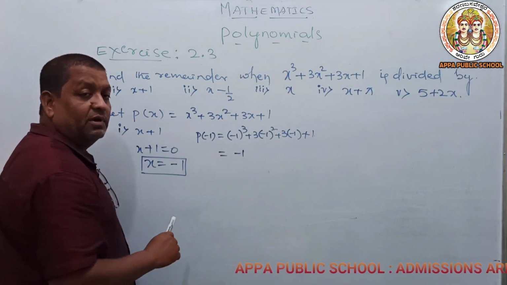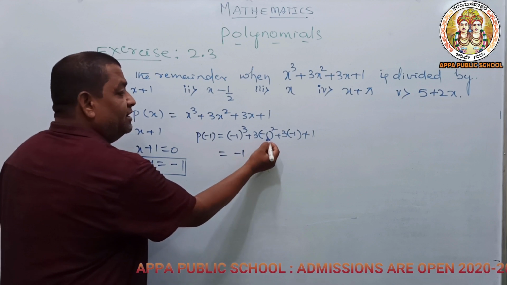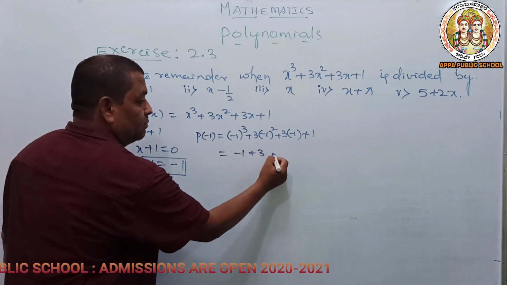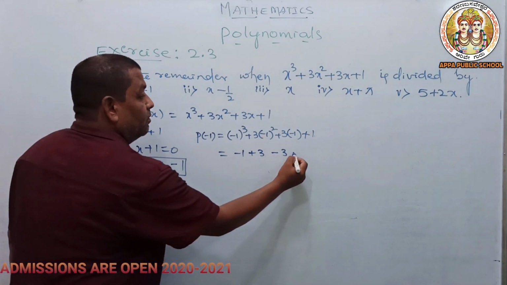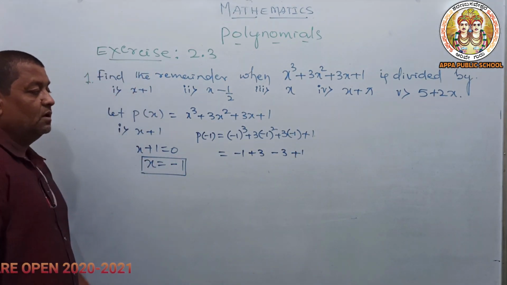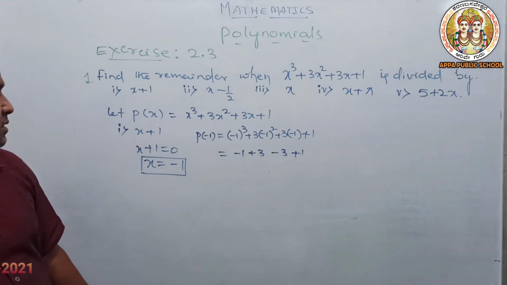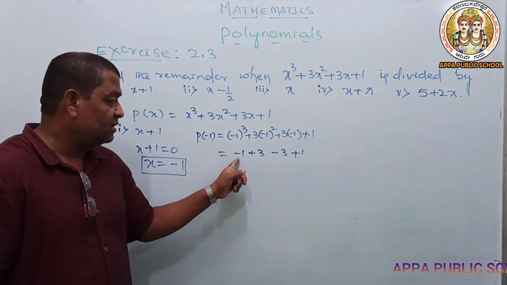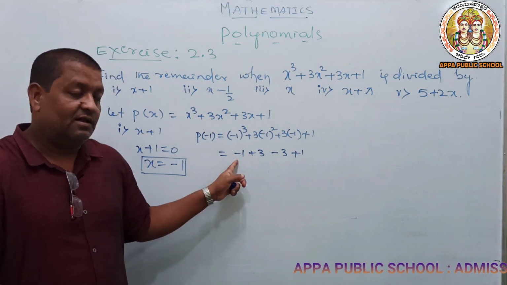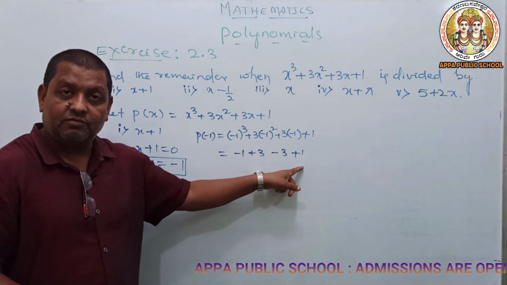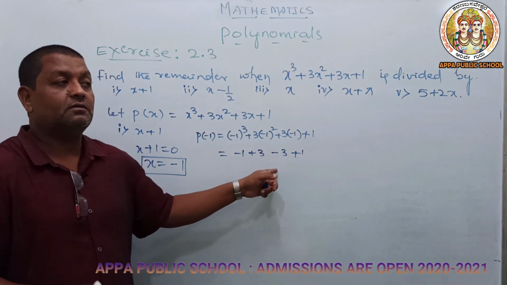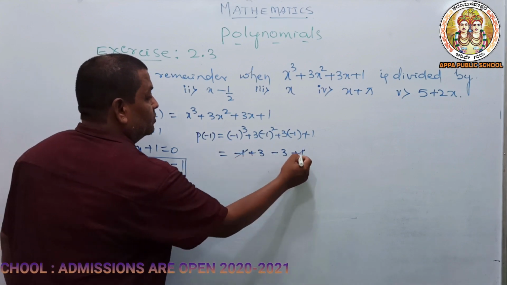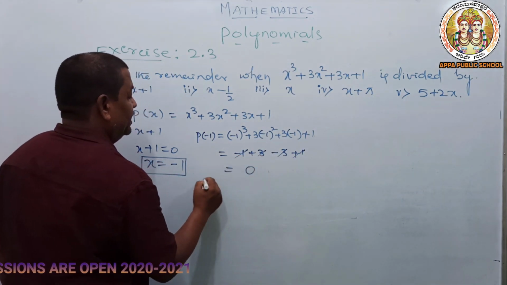Negative to the power of even is plus 1, into 3, plus 3, plus into minus minus 3 plus 1. Observe these things: the same number with opposite sign. Minus 1 plus 1, plus 3 minus 3. Easily they nullify. So what we got? 0.